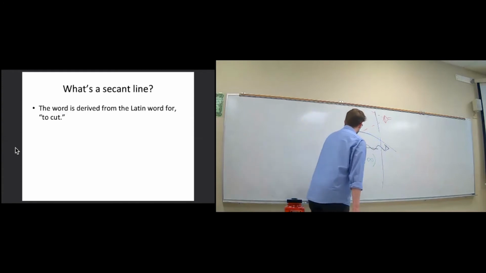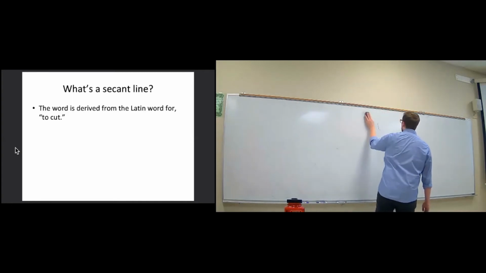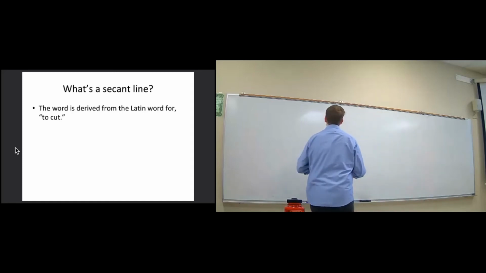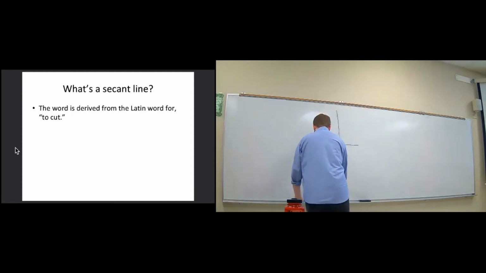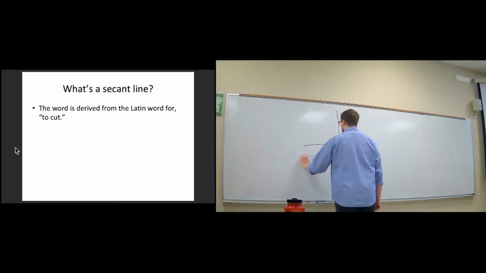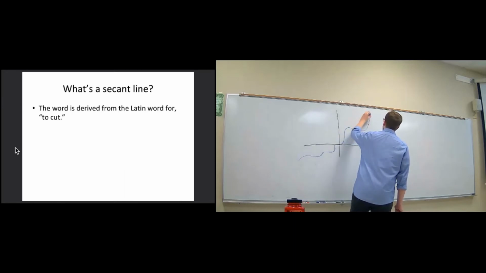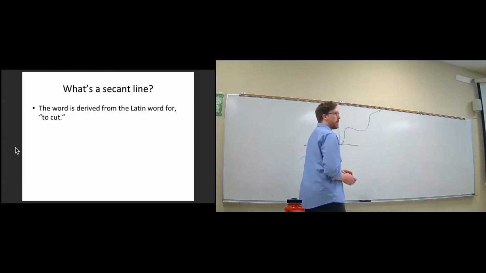A secant line, I said, is a line that cuts through your graph in 2 points, or it shares 2 points in common with your function, is another way to think of it. So let's say our function looks something like this.